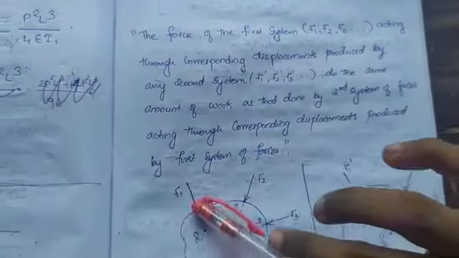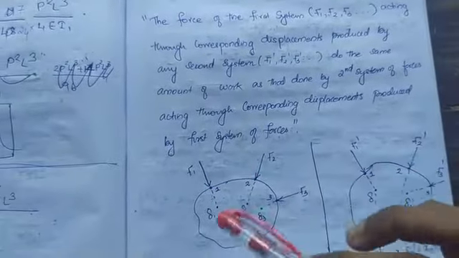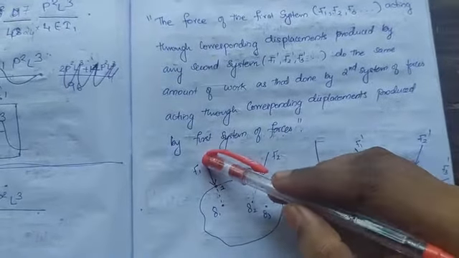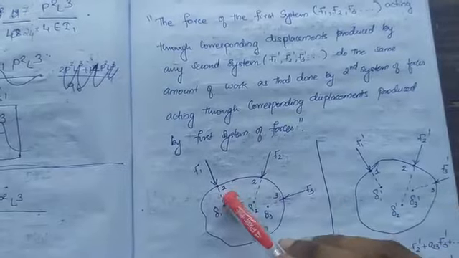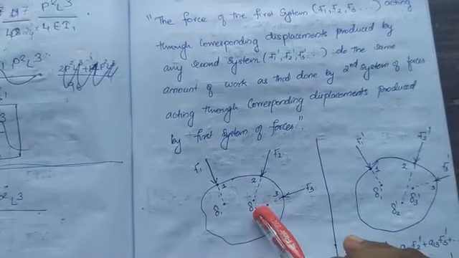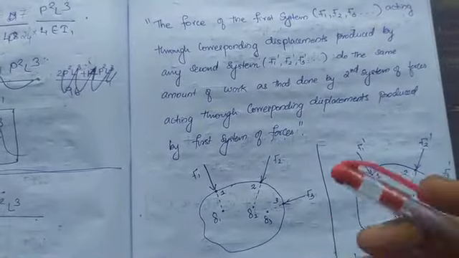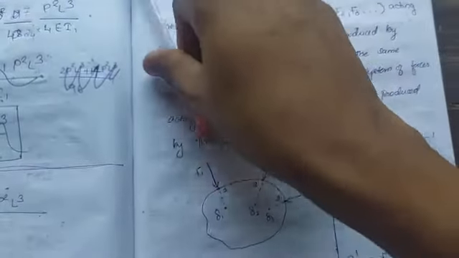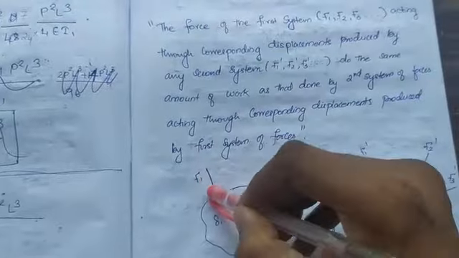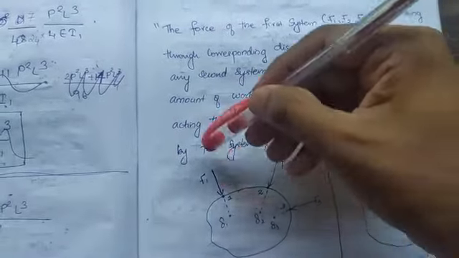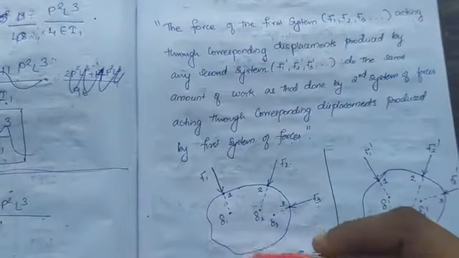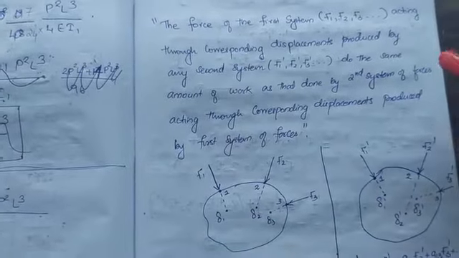Here you have a system of forces F1, F2, F3 which makes displacements delta 1, delta 2, delta 3 respectively. Now we are adding another force. Say if this is 2 Newton, then I will add 10 Newton in this. That is the second system of forces.